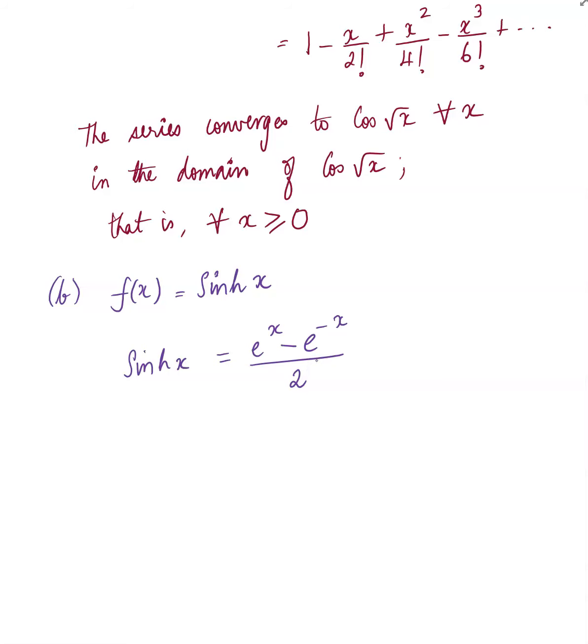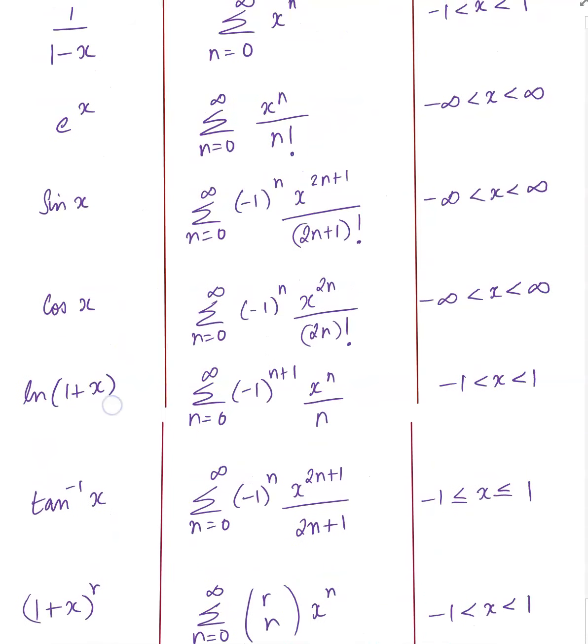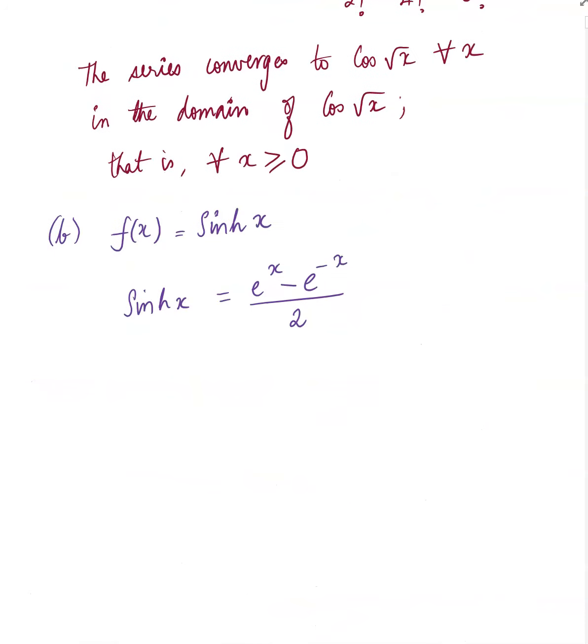Now if you go back to our table, we have e power x and you have this function. When you have e power negative x, you have to replace your x's with a negative x. We have two e's here because of the sinh formula. So using the nth term, we have x power n over n factorial.